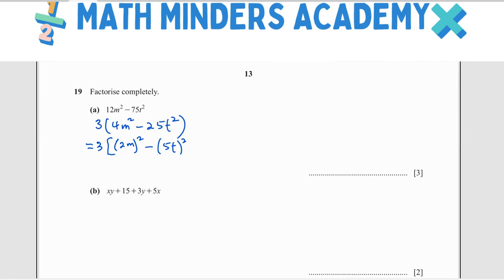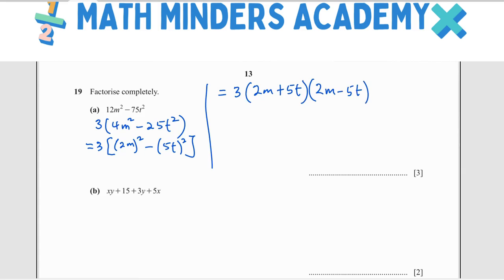So we have a difference of 2 squares. So this will become 3 into the difference of 2 squares. So we are going to have 2m plus 5t into 2m minus 5t.